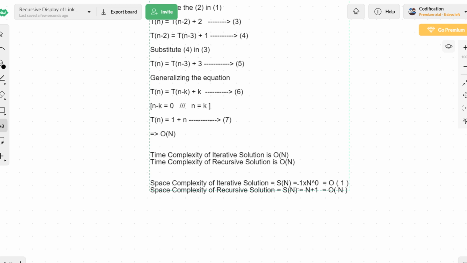But coming to the space complexity, clearly the iterative solution wins. Not every time, but in this particular concept, the recursive approach is not winning the game. The iterative approach is winning the game. So the time complexity and space complexity of both iterative and recursive approaches have been successfully discussed here.